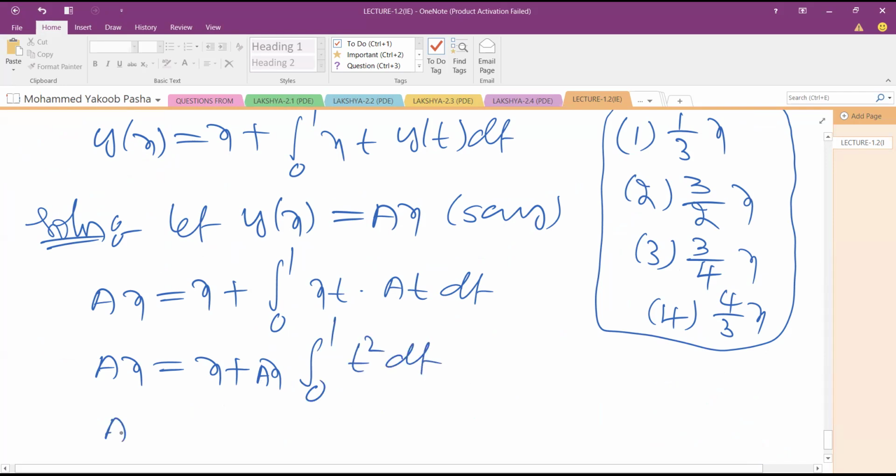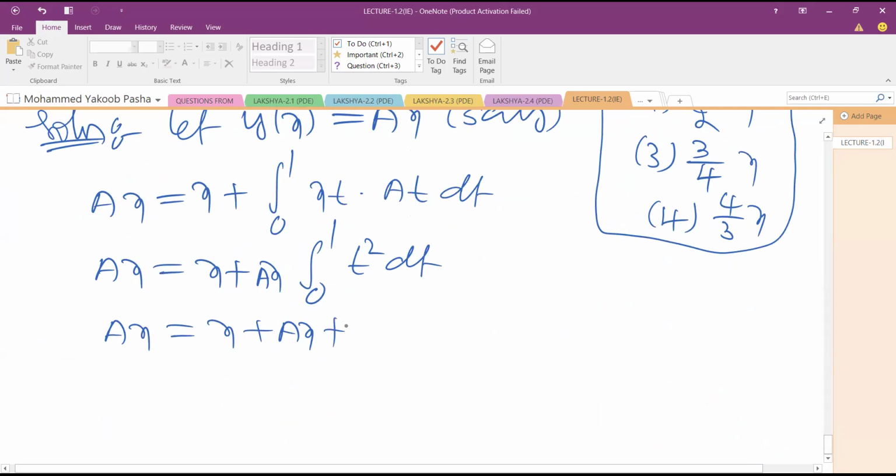So here ax is equal to x plus ax. Now integrate t cube by 3, the limits are 0 to 1. So we get here ax will be cancelled.